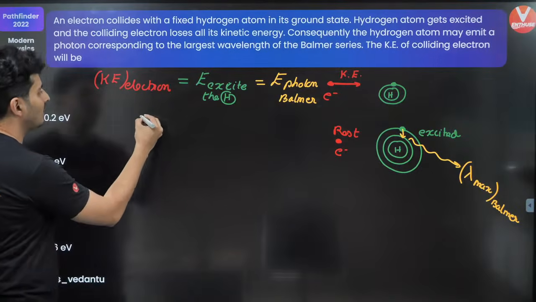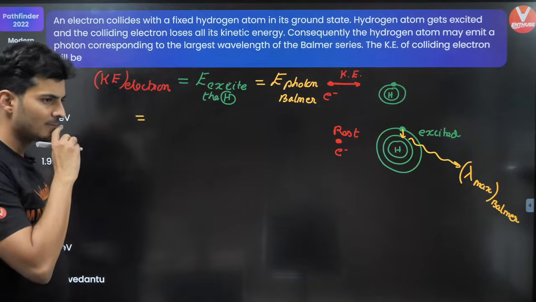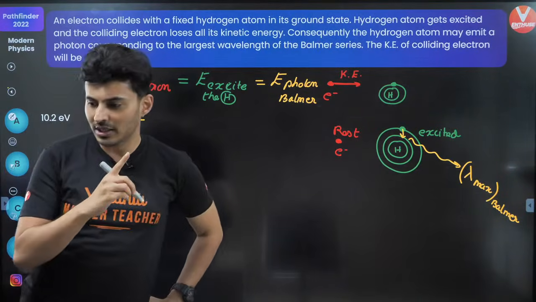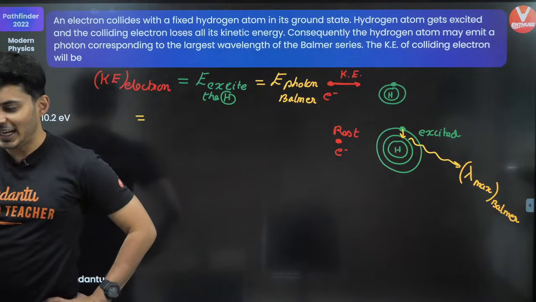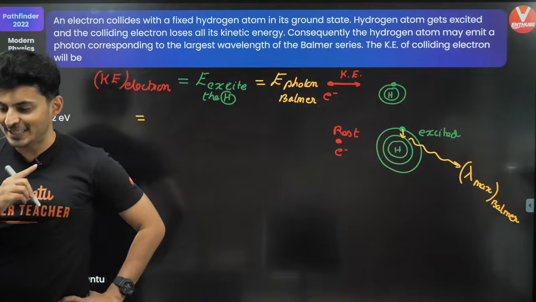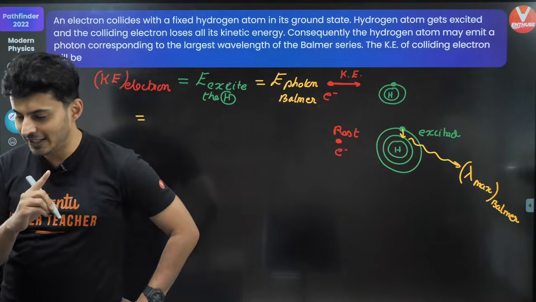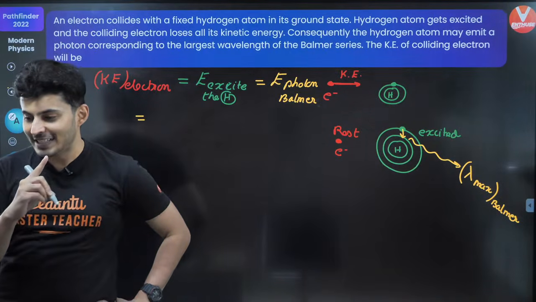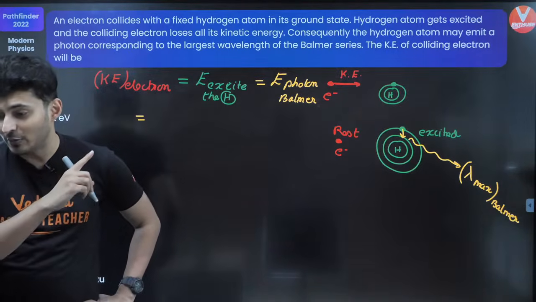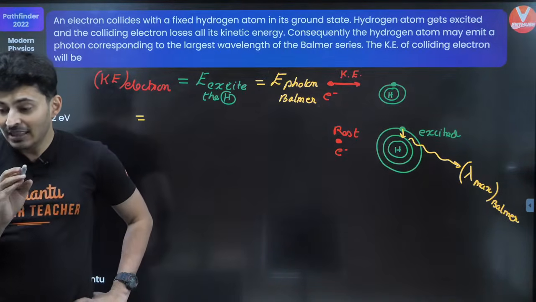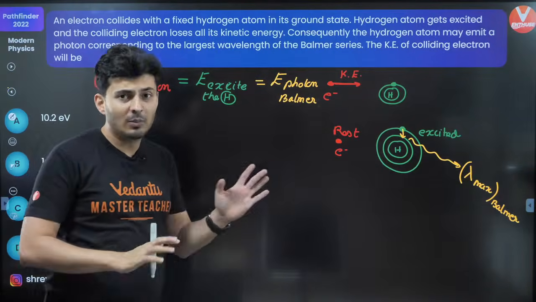How do you find the energy of the photon of the Balmer series? Think about it. There are many ways of doing that, but what would be the easiest way, my warriors? Just use the energy formula. Some of you are saying that, sir, we'll use probably the Rydberg's formula.